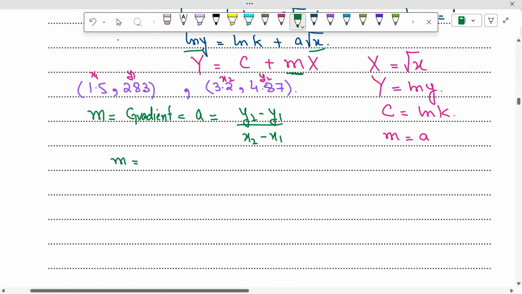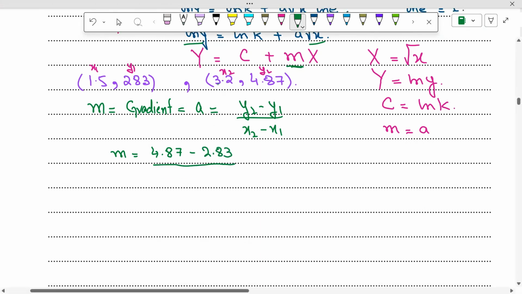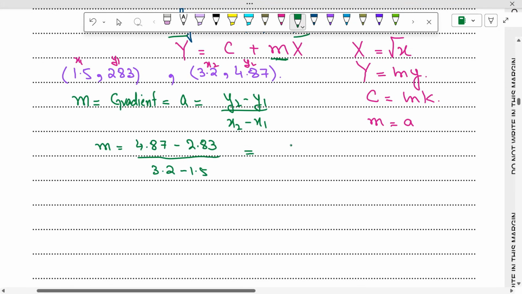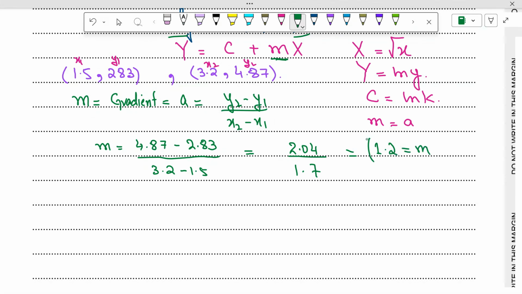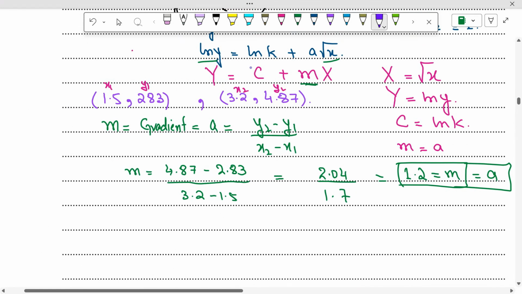So m equals (4.87 minus 2.83) over (3.2 minus 1.5), which equals 2.04 over 1.7, which is equal to 1.2. So this is the slope of the line, and it is also equal to a.